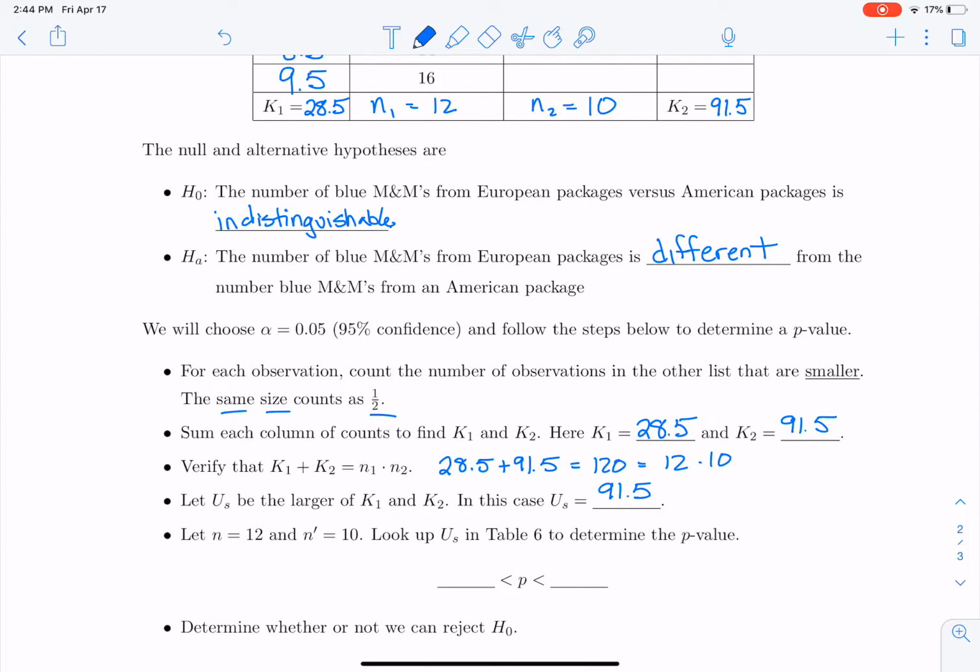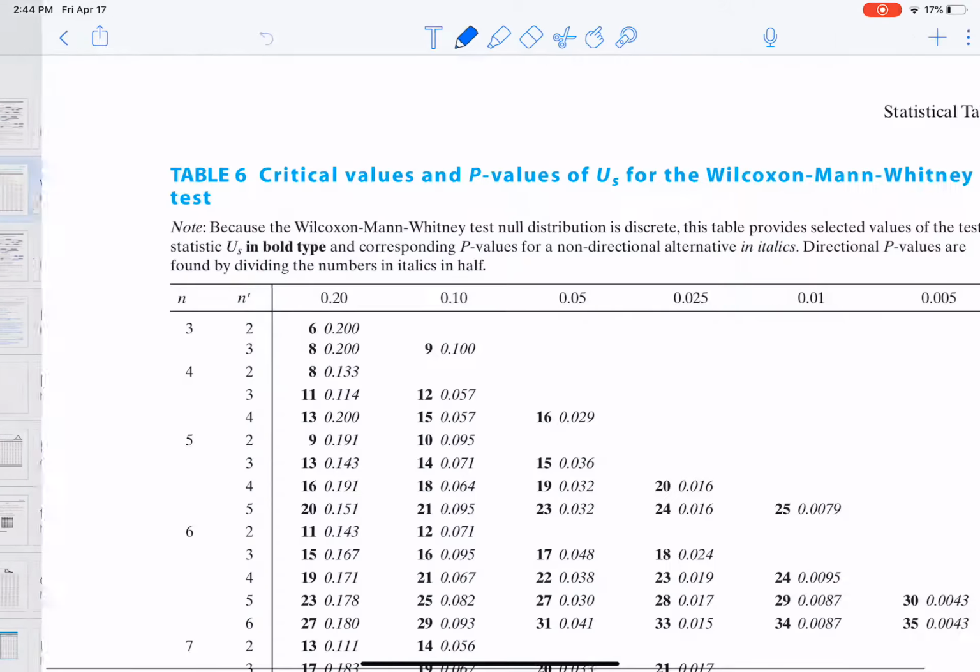Now, the procedure for calculating the p-values is a bit complicated, but I will give you some insight into it in a moment. But normally what you would do is you would look up this test statistic, 91.5, in a table. So I'm going to go to the Wilcoxon, Mann, Whitney table.